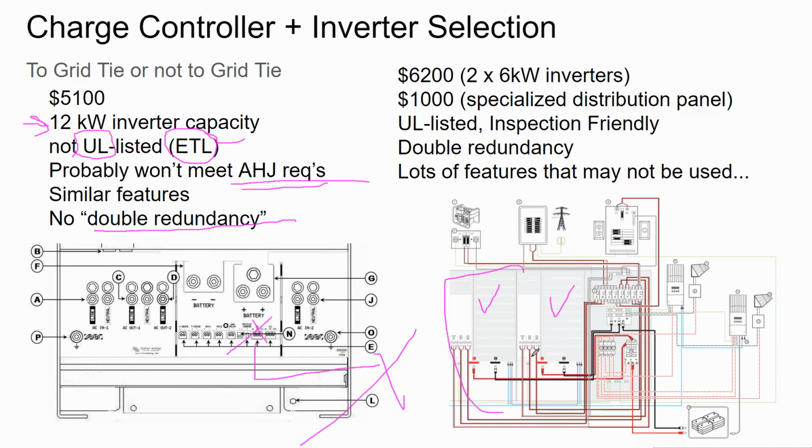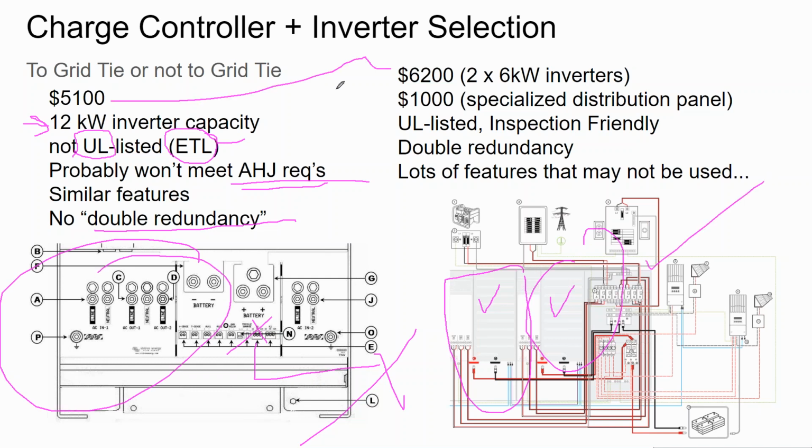Well, two smaller things generally are going to cost more money than one larger thing. And then you have to buy that specialty distribution panel. And actually, I went and did better pricing after I made this. I made the presentation and then I started to do off-grid after the fact.